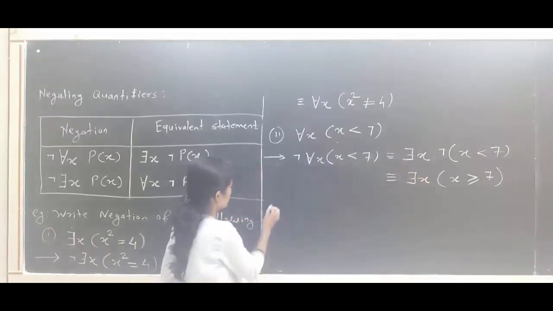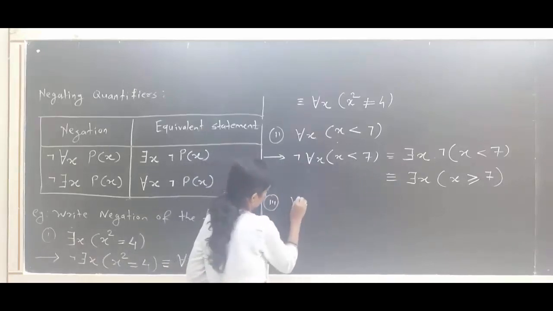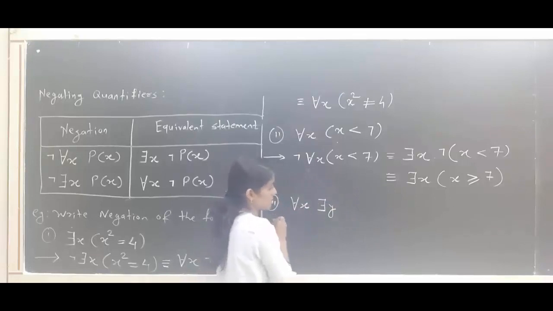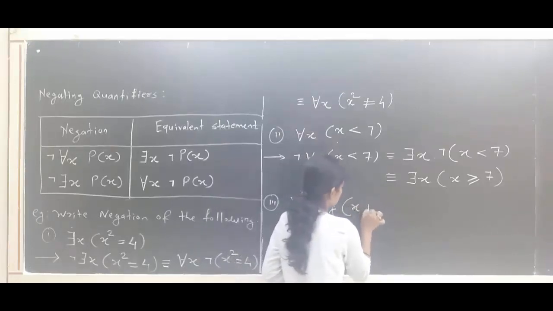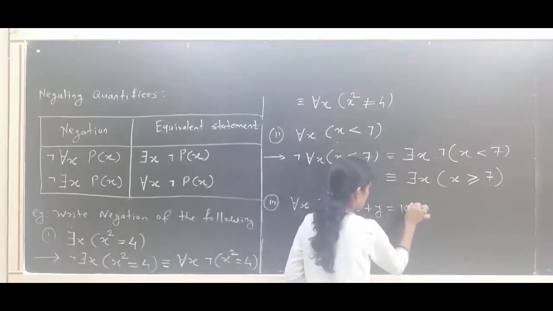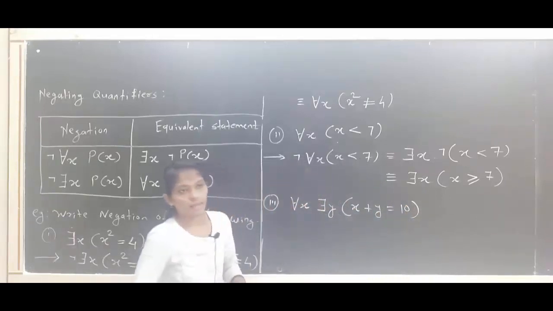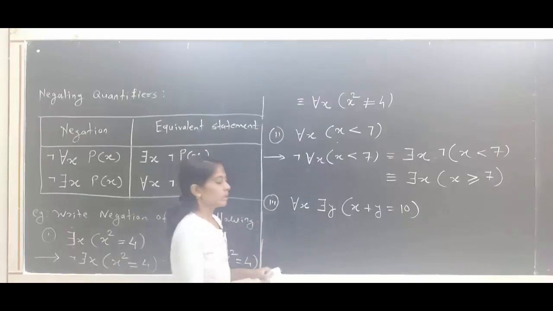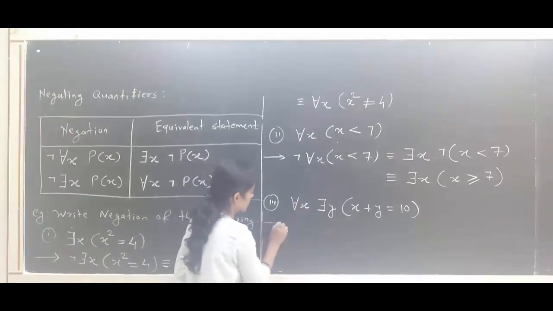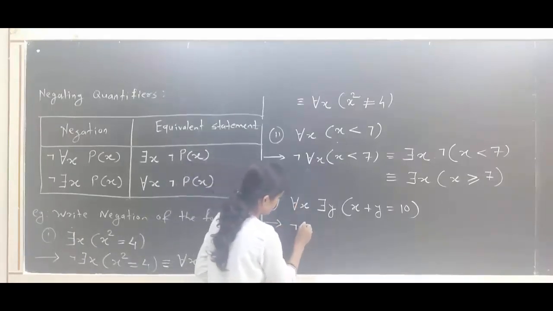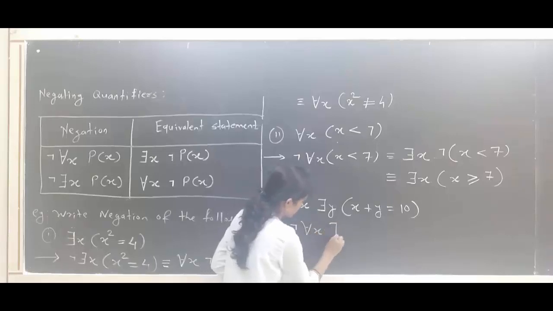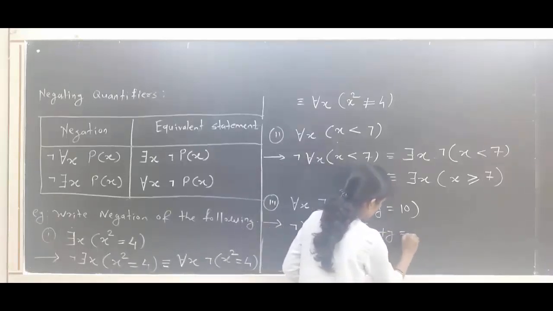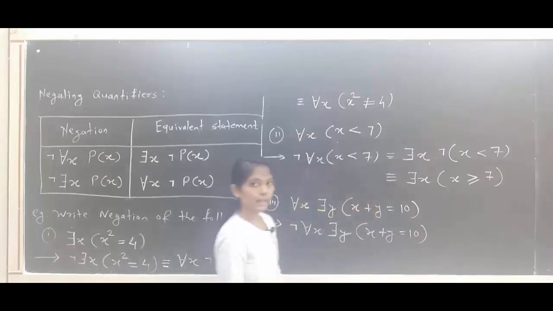Now again we see third example. For all x, there exists y, x plus y is equal to 10. Now this quantifier involves two variables. Okay, so here we write the negation of for all x, there exists y, x plus y is equal to 10.